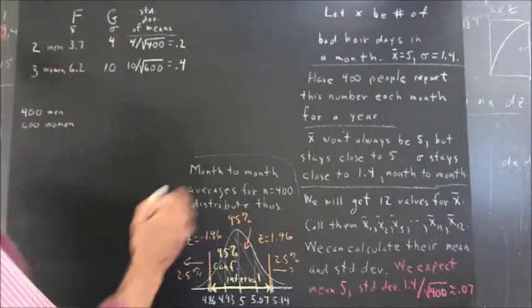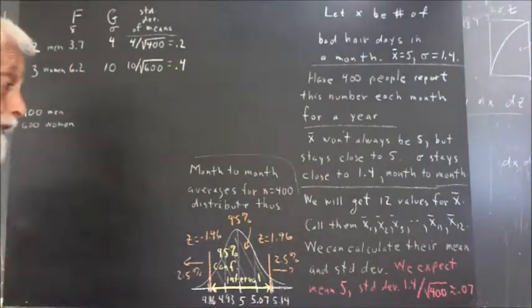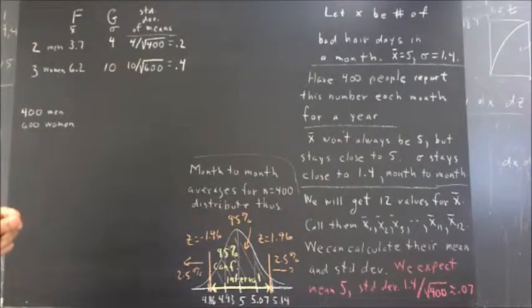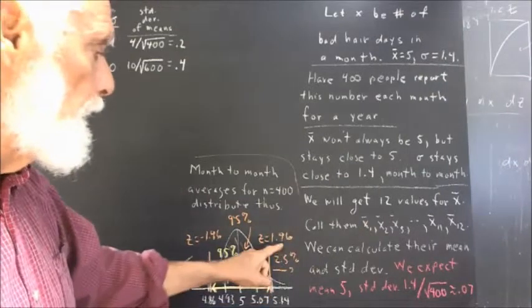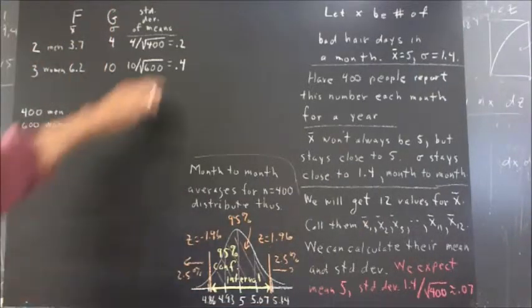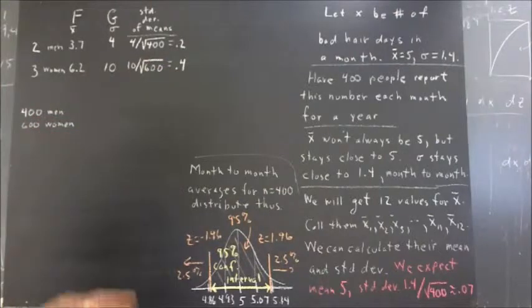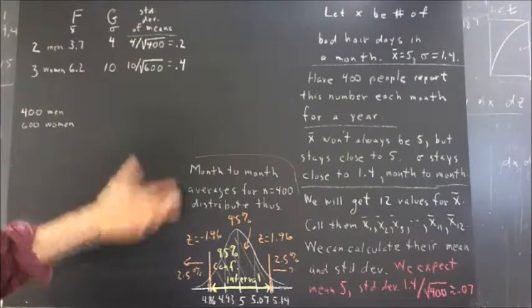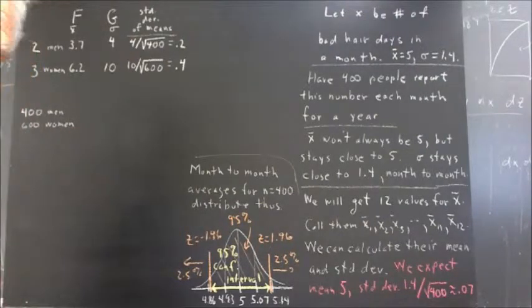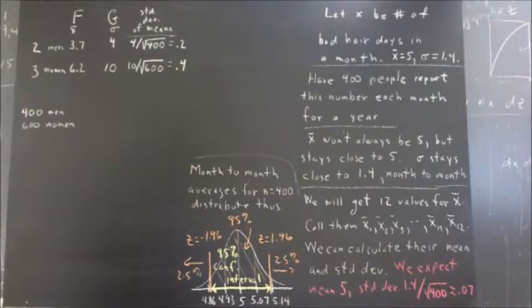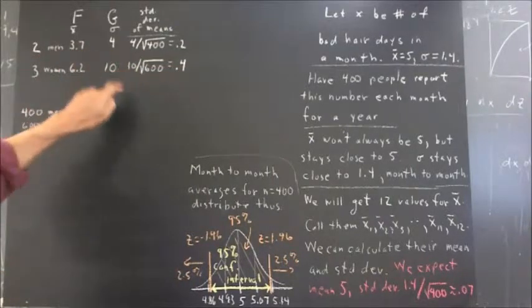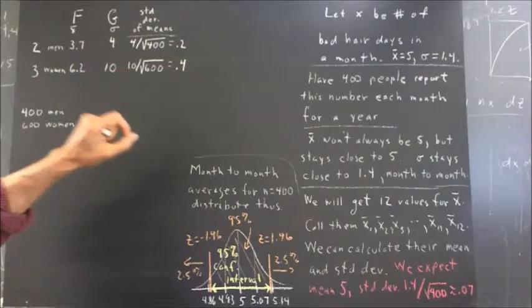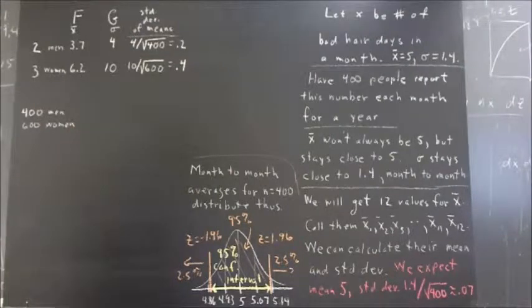So what we want to do is first calculate how far we've got to go to get Z equals 1.96 for each of these. We don't have to do that. We can do it all in one calculation, in one big formula, especially if we had the right formula, but that's kind of ridiculous. We want to think through what these things mean so we have a better feel for our interpretation of the data.